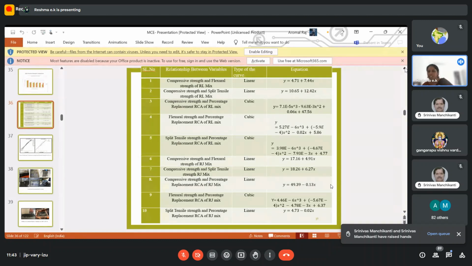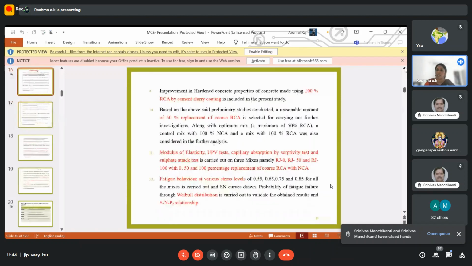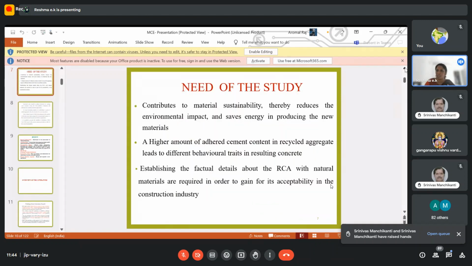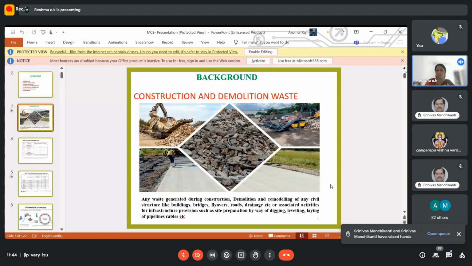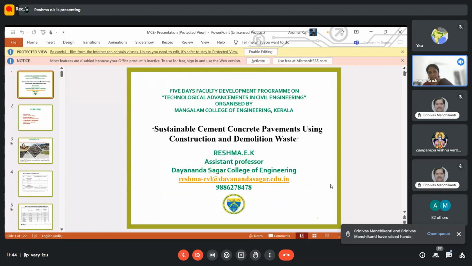In one table itself, you will get it. I'm not able to share the table, but if you want, I can take a screenshot and share it with you. You can contact me, sir. If you are doing something related to recycled aggregate concrete and you want to use SPSS, you can always contact me. I've given my mail ID and phone number.